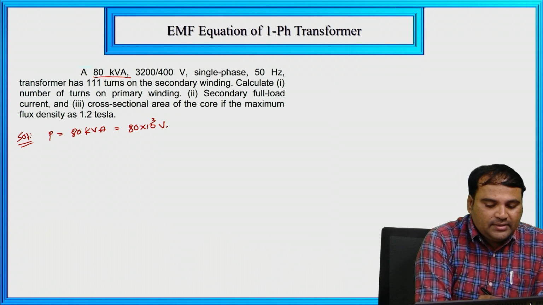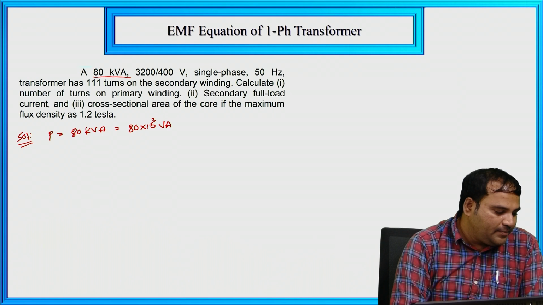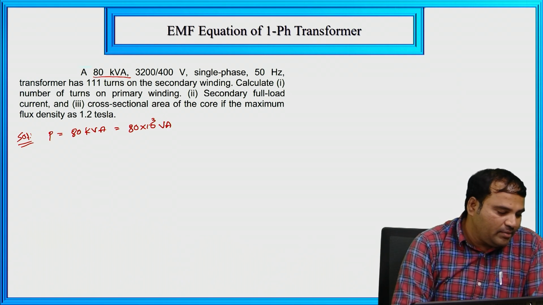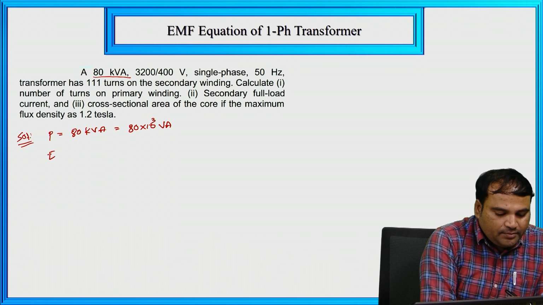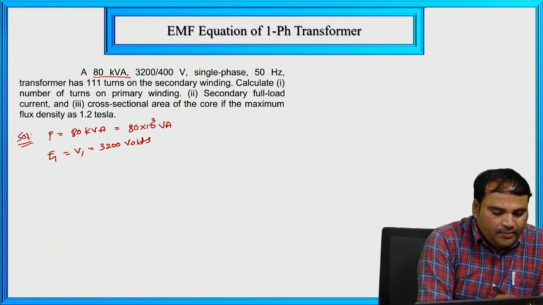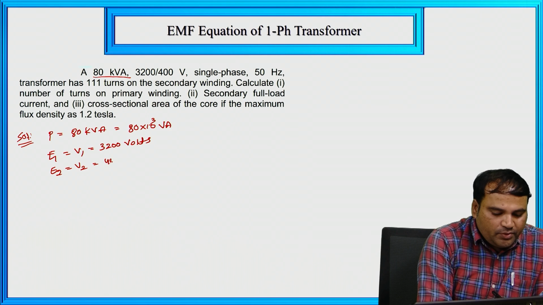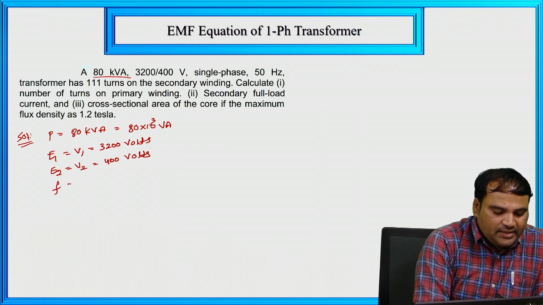And 3200 by 400 means primary E1 or V1 equal to 3200 volts, and secondary E2 or V2 is equal to 400 volts. Single phase 50 Hz frequency, F equal to 50 Hz.